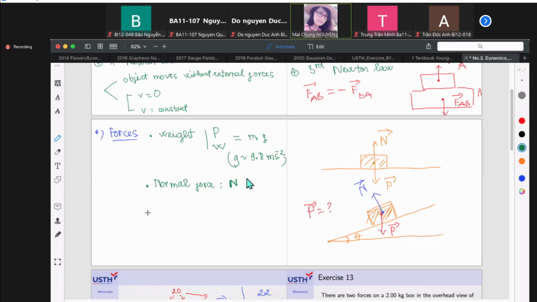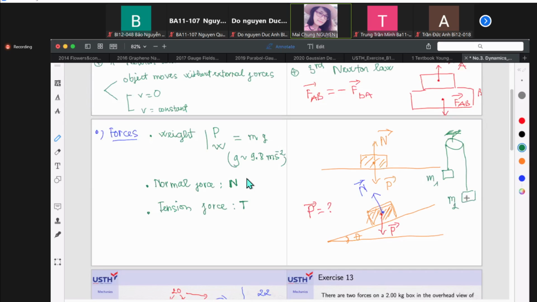Okay, so next one, we have the tension force. So what is the tension force? For the tension force, we use the notation T. For example, if we consider a system like this, with two objects M1 and M2 connected in this figure.